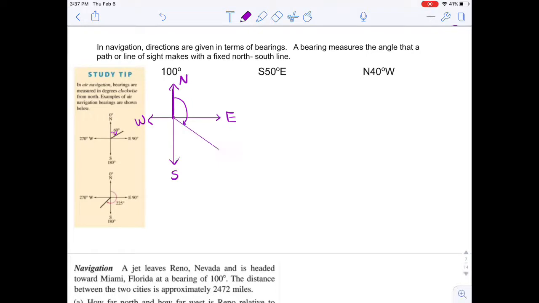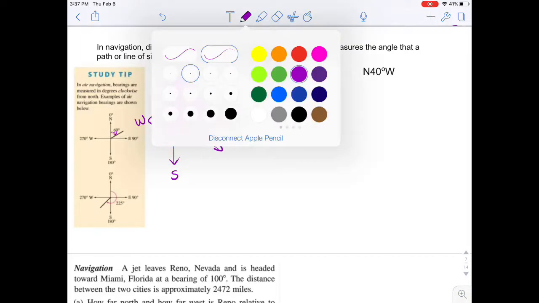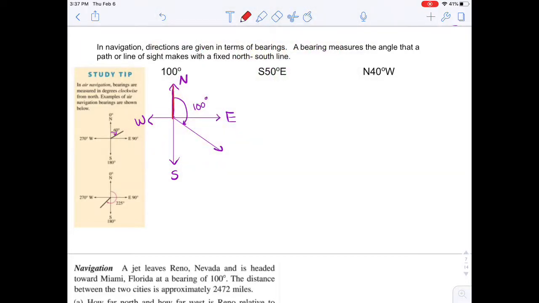So this angle would represent a bearing of 100 degrees, because it's 100 degrees from north and then clockwise. You can almost think about it as north 100 degrees east. We start at north and then we move 100 degrees towards east.